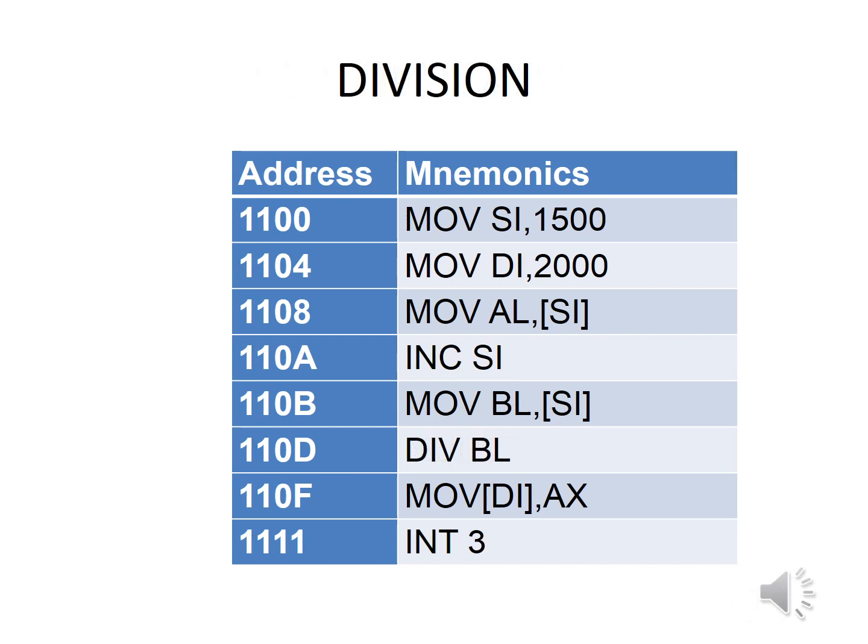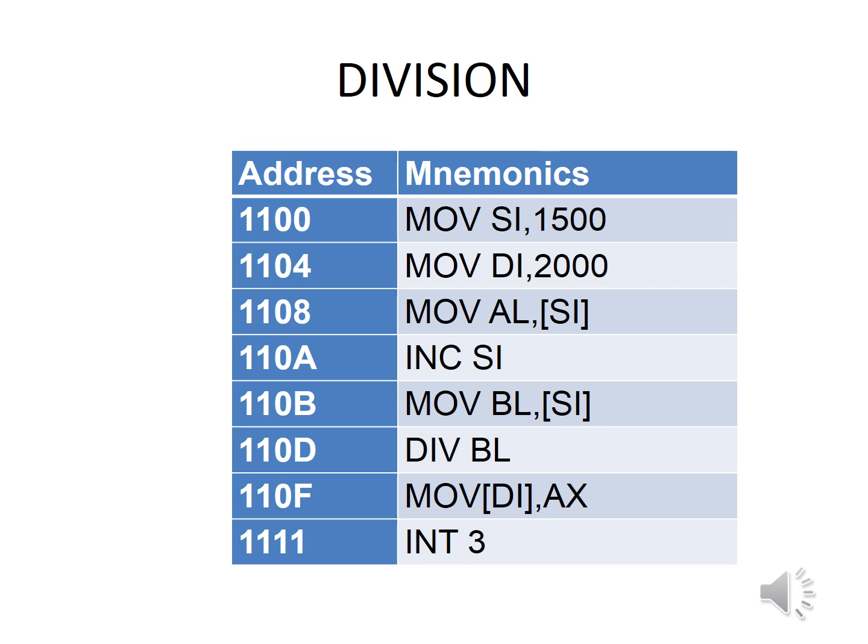The next program is division. Like multiplication, we have to perform the division. For this, we have to initialize the source index as 1500 and the destination index as 2000. For division, first we take dividend. Next, the source index is incremented and we take divisor.